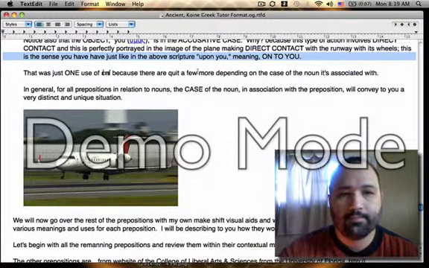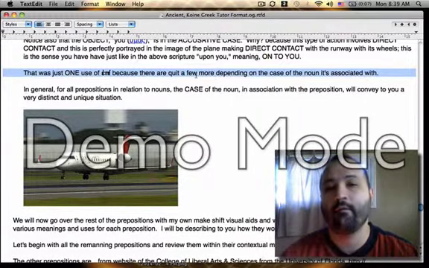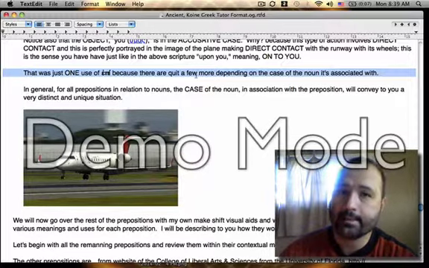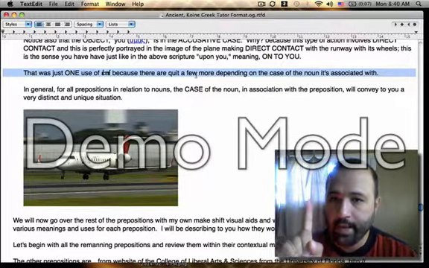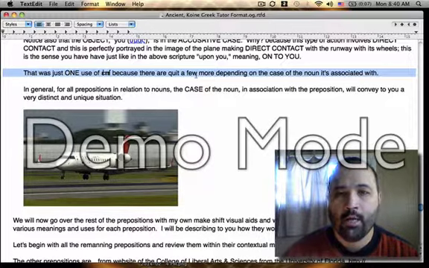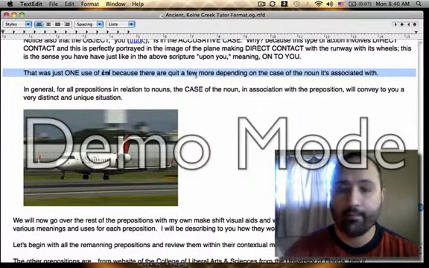This was just one use of epi, because there are quite a few uses of epi, depending on the case, and this is key here, of the noun it's associated with. Remember, we've gone over this before. If epi is associated with another case, you're going to get a different meaning.